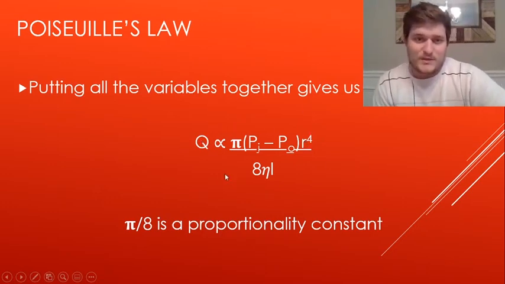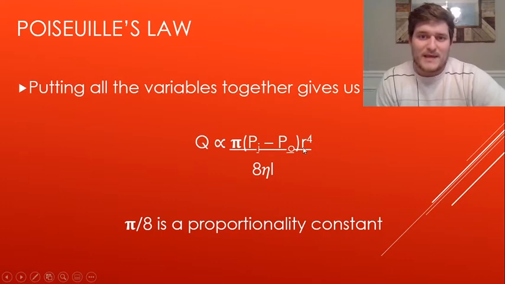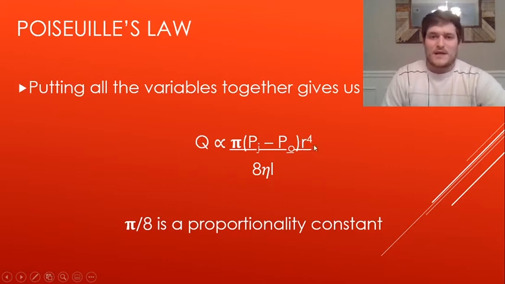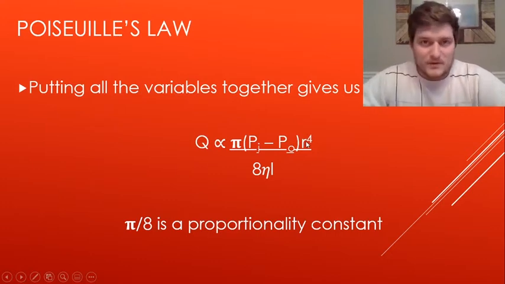And so if we want to increase blood flow to a certain area, the most beneficial way of doing that is by increasing the radius of those blood vessels, because every time you double the radius of that blood vessel, you get a 16-fold increase in blood flow. But the opposite effect also holds true.